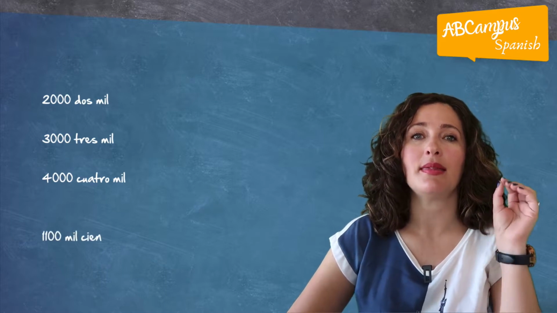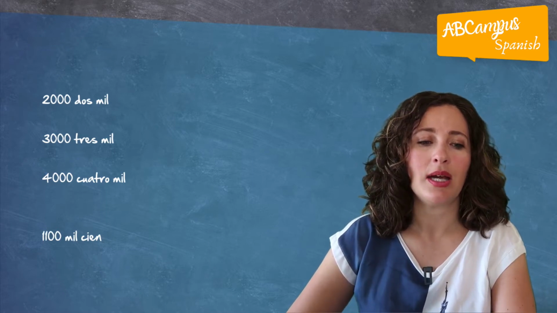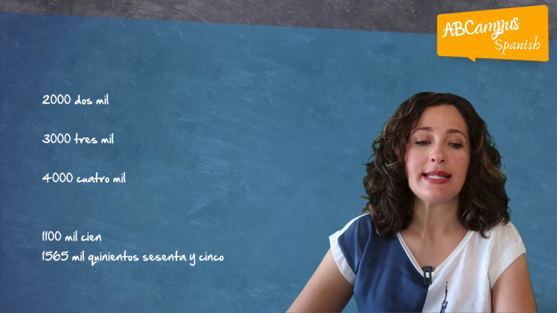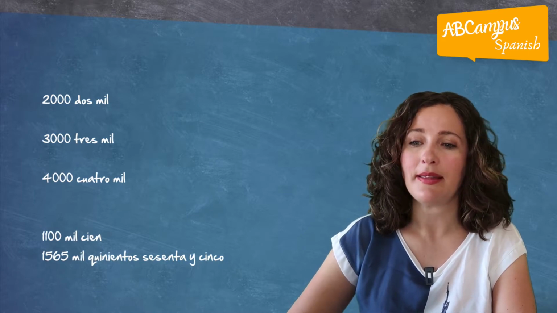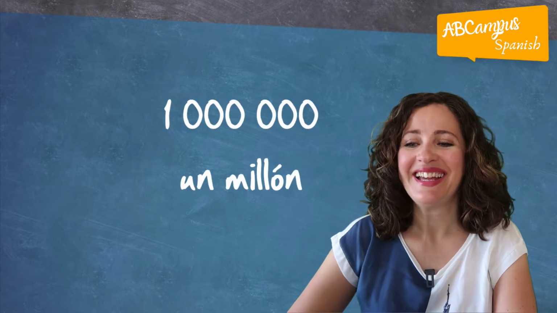So you have to say the thousands and the hundreds. Don't say it like in English, like eleven hundred. Mil quinientos sesenta y cinco, like that. And now millions: un millón, dos millones, and so forth.